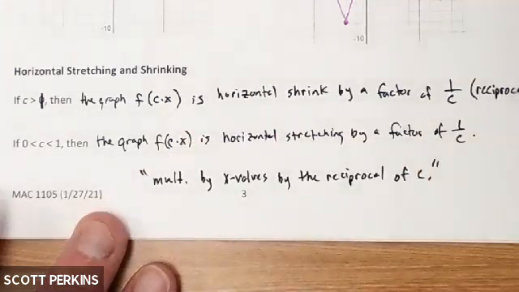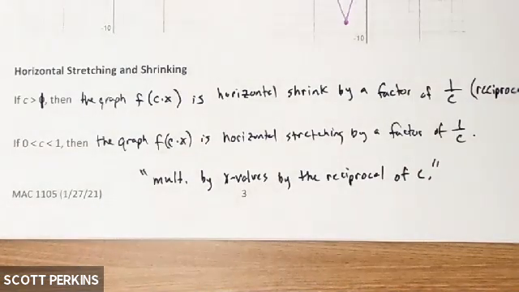So the summary of both of those rules, whether the value is bigger than 1 or between 0 and 1, is you're going to multiply all your x values by the reciprocal of c and then make your new graph. I'm going to leave that up there for a minute because I know I write faster and messier than most of you do. So I don't want to get ahead of the game on you.